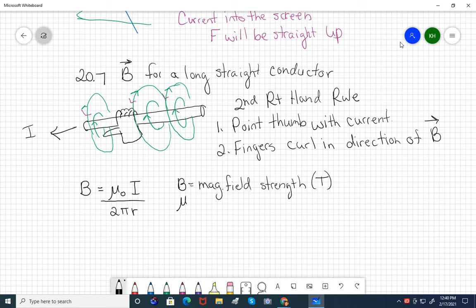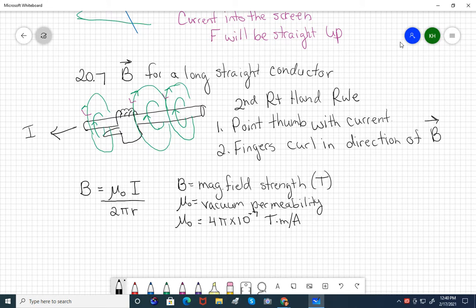This constant is known as vacuum permeability. It's one of my favorite constants, only in that it has a very exact value. It's exactly 4 pi times 10 to the negative 7, and it's measured in Tesla meters per amp.